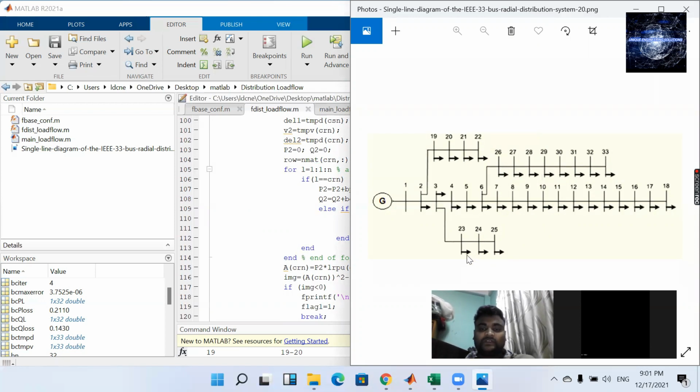Which columns in the 23rd row will have the value 1? That is 23, 24 and 25, because the loads of 23, 24 and 25 are fed by the power flowing through the 23rd bus. Here the current node is 23.